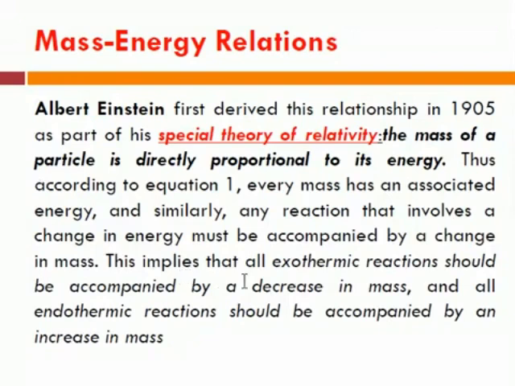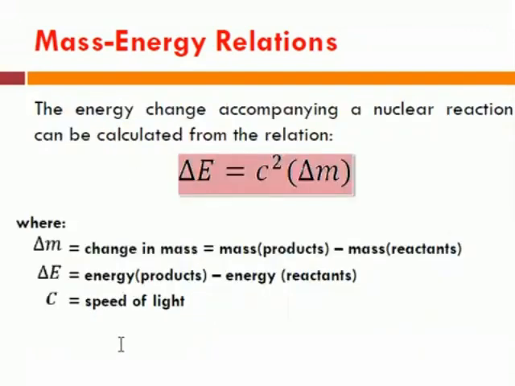This implies that all exothermic reactions should be accompanied by a decrease in mass, and all endothermic reactions by an increase in mass. The energy change accompanying a nuclear reaction can be calculated from the first equation, E is equal to mc squared. For every change in mass, there is an equivalent change in energy. So we have delta E is equal to c squared multiplied by delta m.